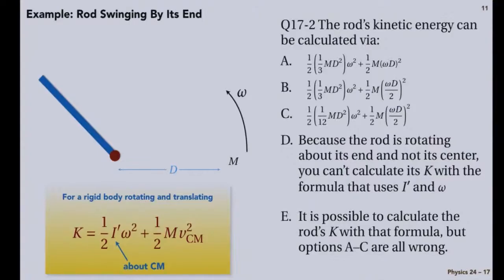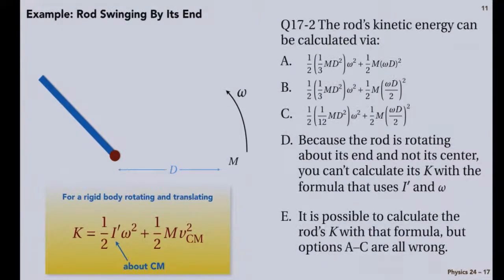But if I look at it from the point of view of what's happening to the center of mass of the rod, it's moving around an arc whose radius is d over 2. So I can also calculate the kinetic energy by summing up the translational kinetic energy of the center of mass and the kinetic energy of rotation with respect to the center of mass.